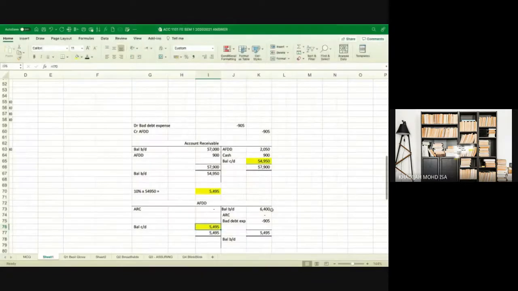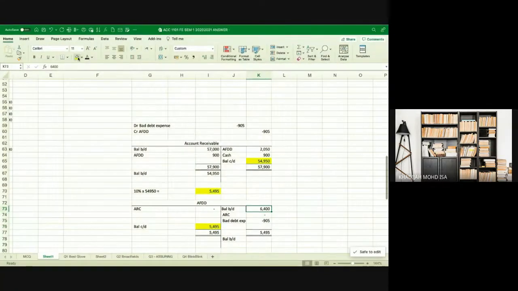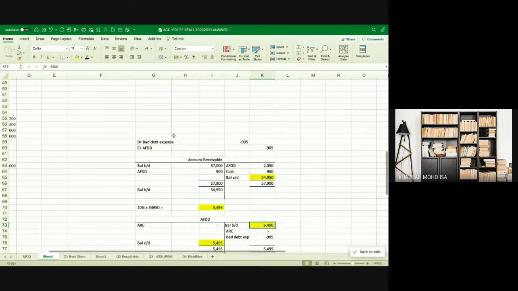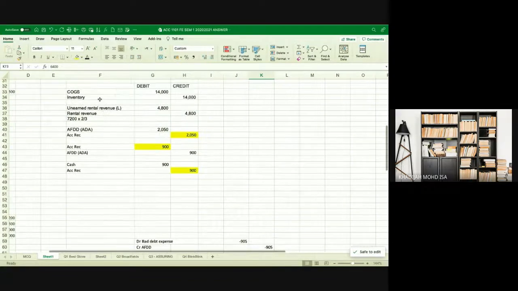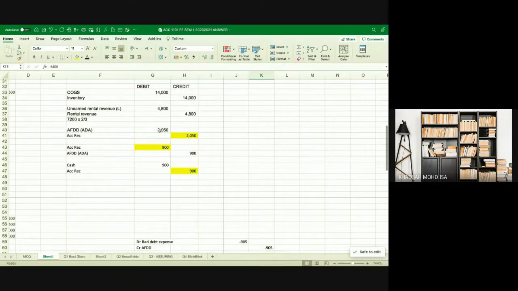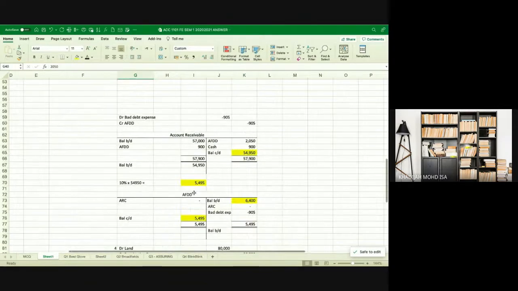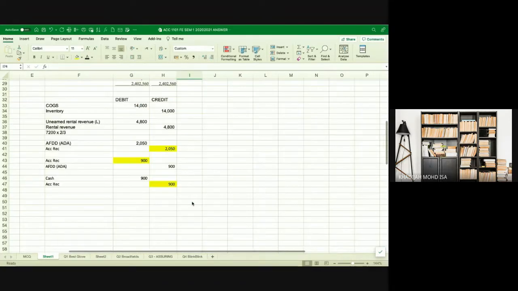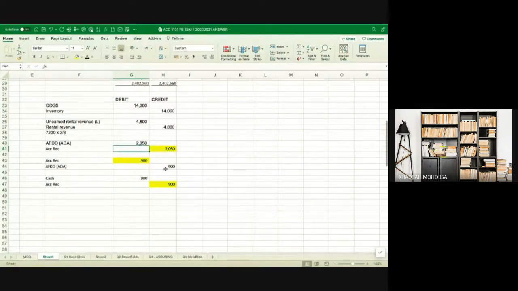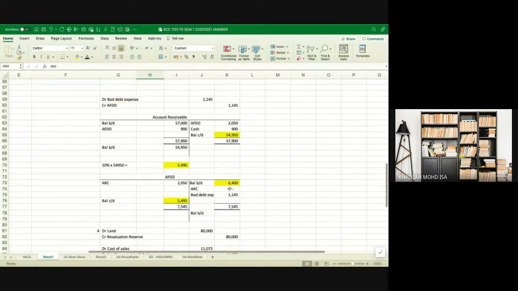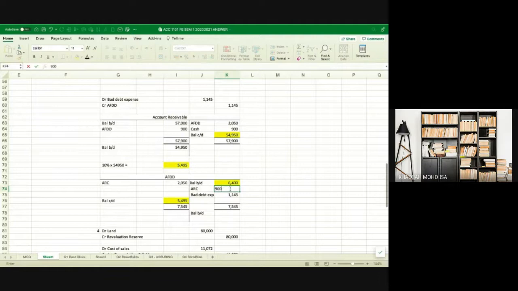But remember that you do have this transaction, right? So what is your AFDD? You have 2,050 debit here. So I think you have to put it 2,050, right? And then what else? AFDD 2,050, and then you have a credit of 900, right?